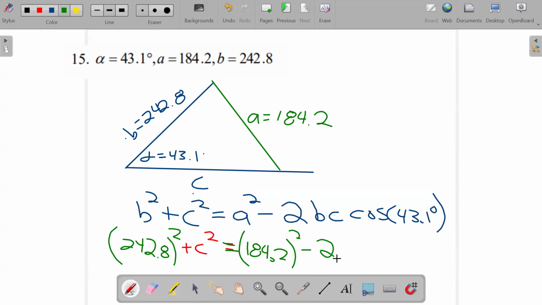I know B. I don't know C. And again, I already wrote that I know the cosine. And I have a quadratic equation in C, so I should be able to solve it.